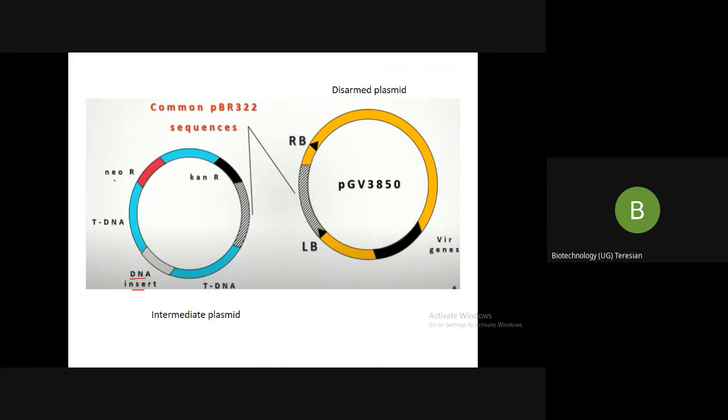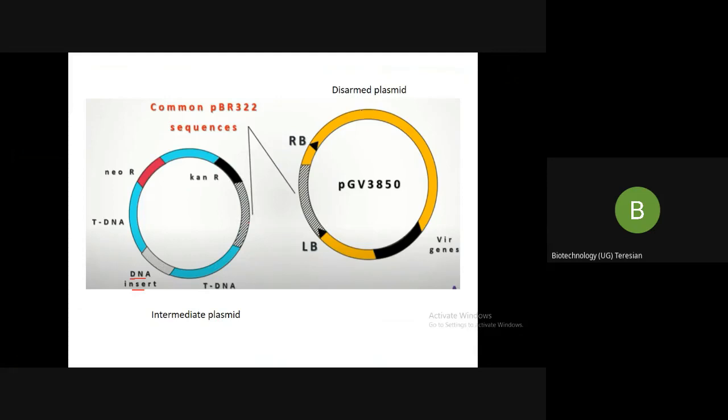And also, we have antibiotic resistance, that is the neomycin resistance and the kanamycin resistance regions, which are present on the intermediate plasmid. So these are two different plasmids.